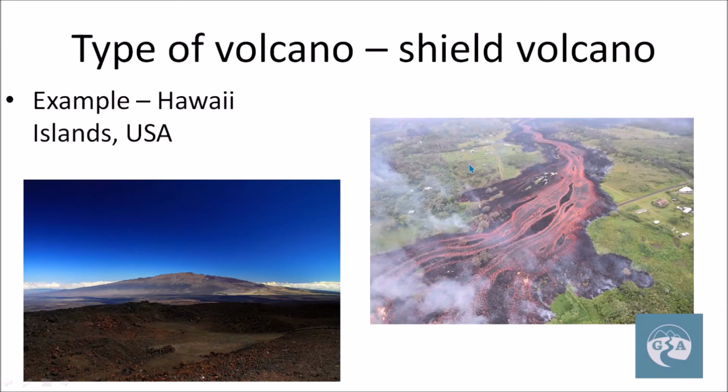A shield volcano is formed with lava that has very, very low viscosity. This means that as the volcano erupts, the lava is able to move more fluidly and over a greater distance. What this leaves us with is something like the volcanoes that we would find in the Hawaii Islands, USA, where they're very, very long mountains, but not very high mountains.